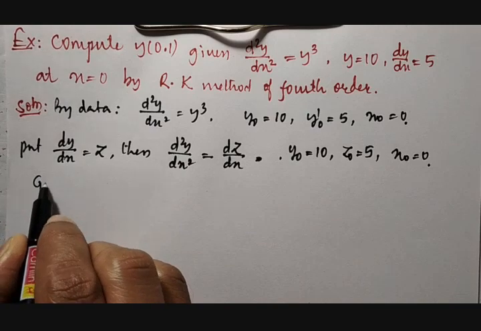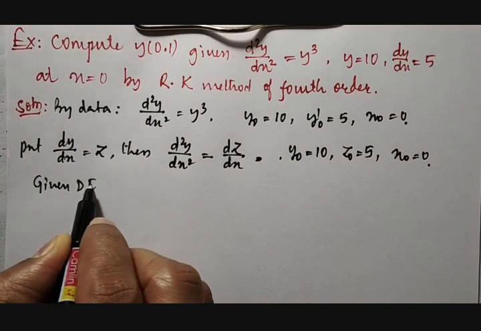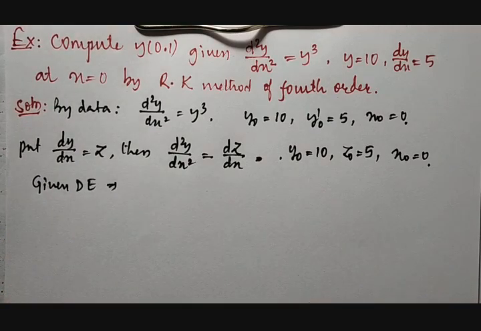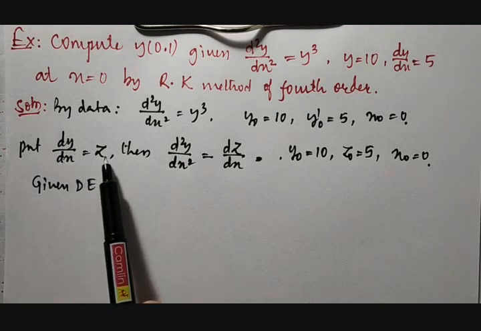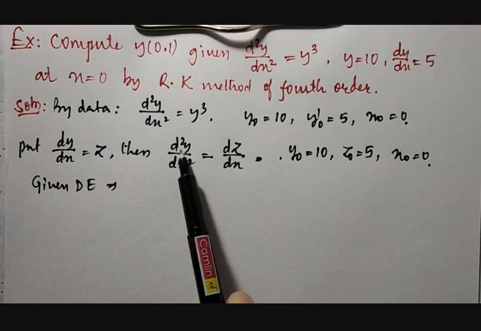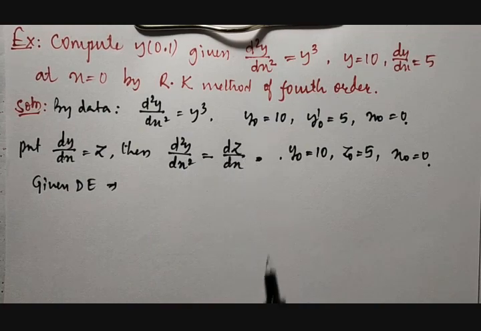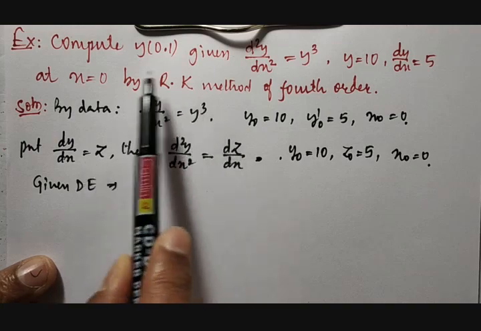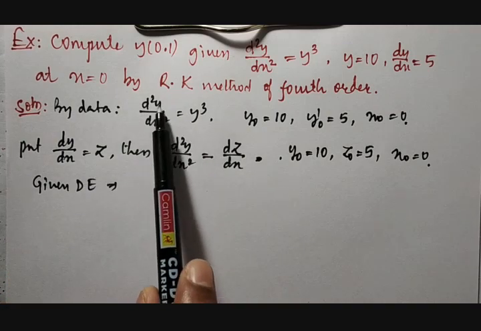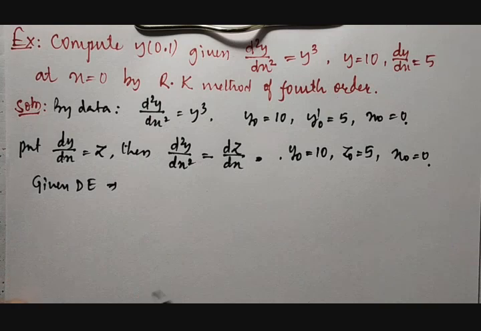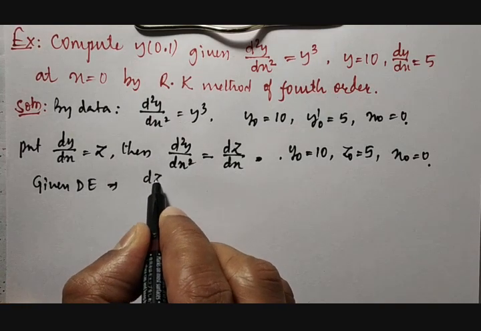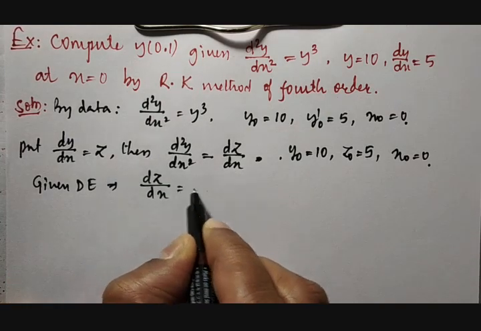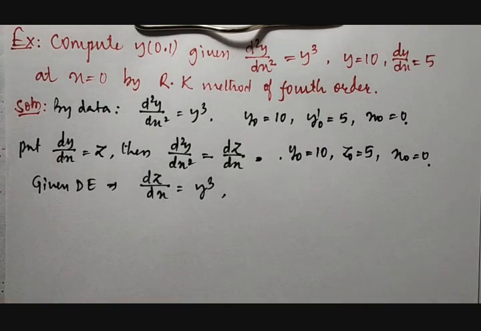Then the given differential equation becomes, after this substitution: one substitution I have already taken, that is dy by dx is equal to z, and the other substitution is d square y by dx square is equal to dz by dx. If you substitute these results here, then d square y by dx square is nothing but dz by dx, so it becomes dz by dx is equal to y cube.